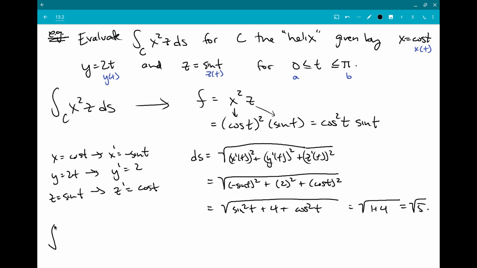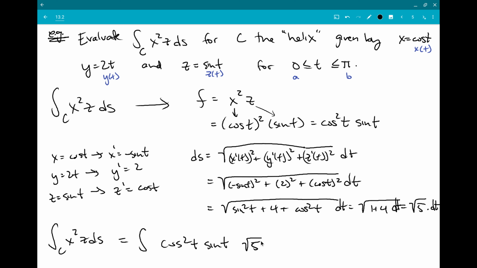And so I can say that my integral over curve C of x squared z ds is the integral of f that depends only on t, cosine squared t sine t. Oops, I left off my dt the whole time I was calculating this. That's my bad.